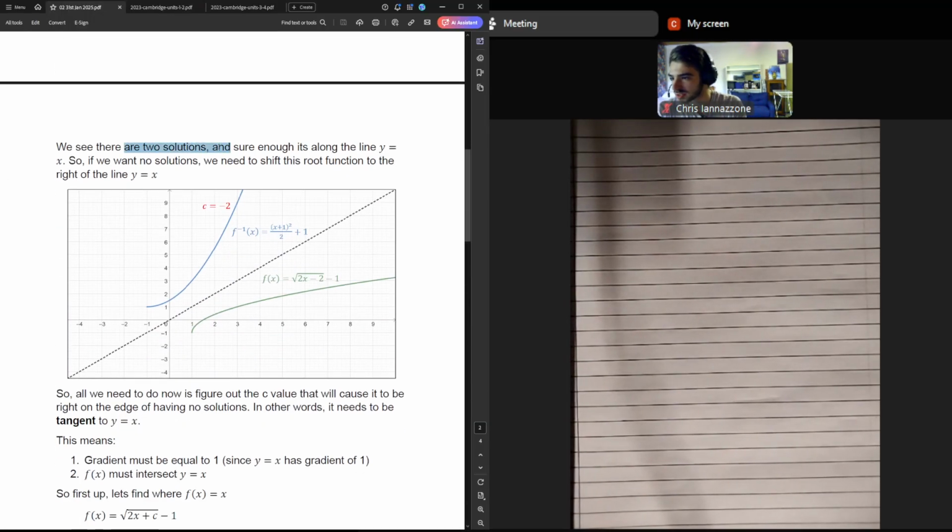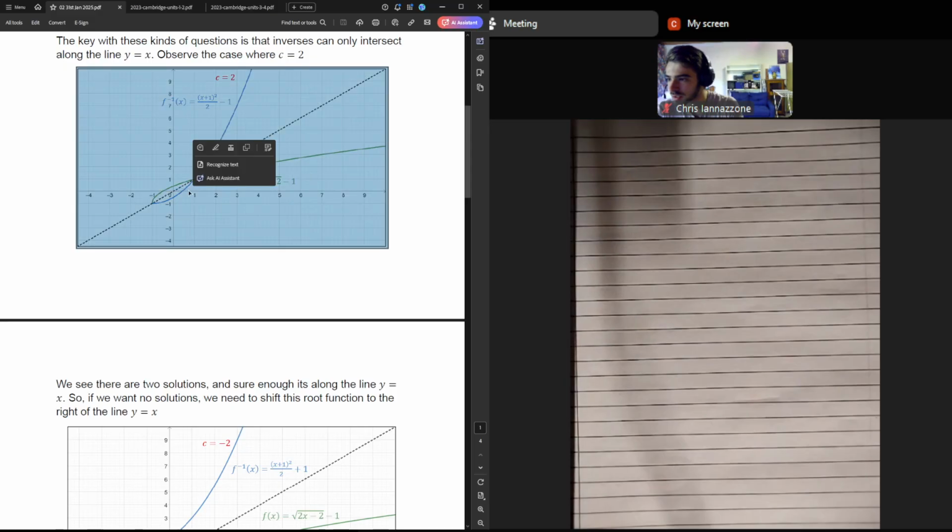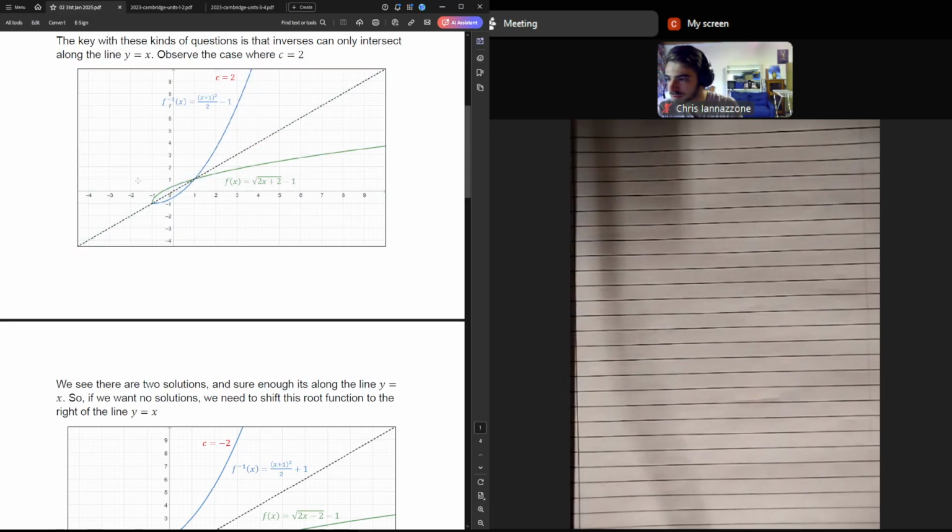Okay, so under that circumstance we had two solutions. If you want no solutions, what you want to do is shift this green function, the original f of x, to be to the right of the line y equals x, or underneath the line y equals x, more specifically. Because you can imagine if you're shifting this one slowly right, this blue one will have to go left, until it eventually no longer touches.